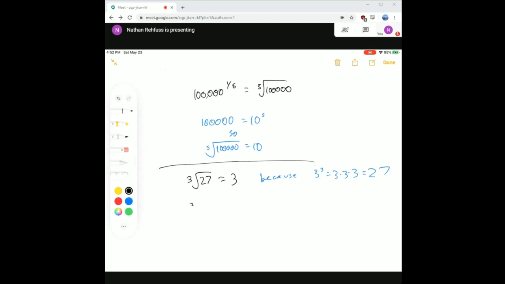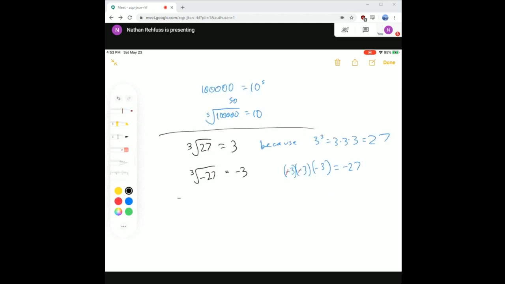If I asked you for the cube root of negative 27, that would be negative 3, because negative 3 times negative 3 times negative 3 is negative 27. One pair of minus signs cancels out, but the other is left. See? So you can take the cube root of a negative number, but on the other hand, we can't really take the square root of a negative number.